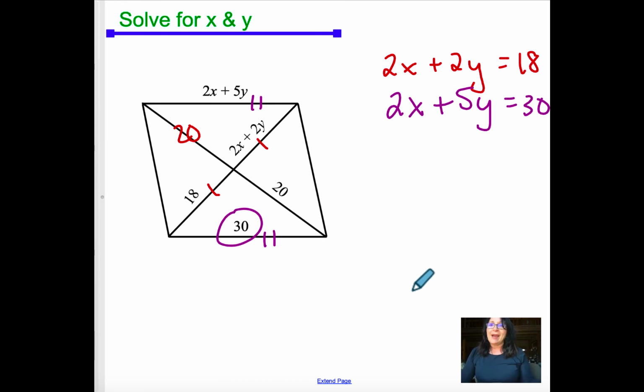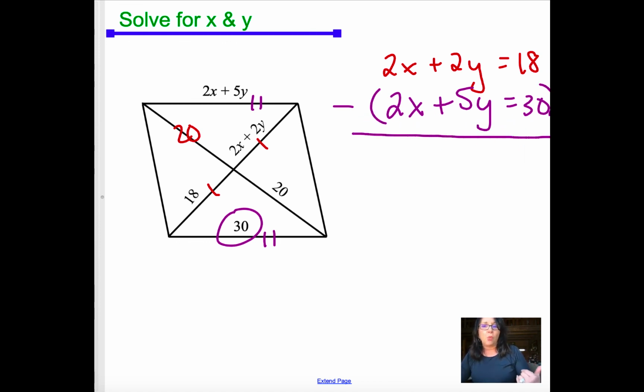And so now I have a system of equations, which means that I have elimination, I have substitution, I have the graphing method. I've got a lot of different options to solve for x and y. I'm just going to subtract the 2 equations, which we call elimination.